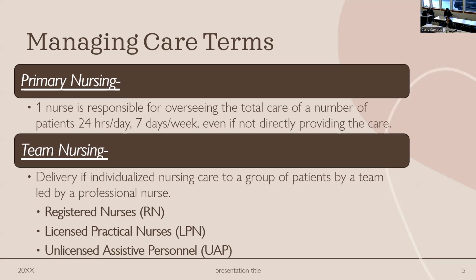Team nursing, you'll see pretty often. We have registered nurses. For example, the RN manages complex assessment and care plans, the LPN administers medications, and unlicensed assistive personnel take care of hygiene needs and other tasks.